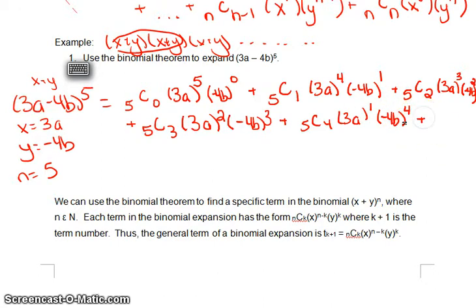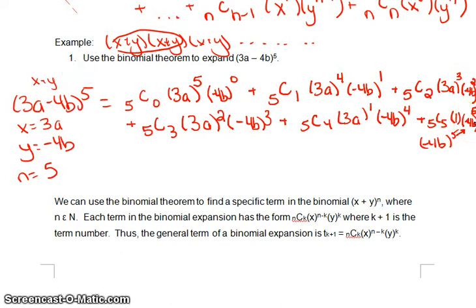And our last one, plus 5 choose 5, times 3a to the power of 0. I'm running out of room there, but we know that anything to the power of 0 is just 1, so we'll just say times 1. Times negative 4b to the exponent of 5. Sorry, that right there is negative 4b to the exponent of 5.